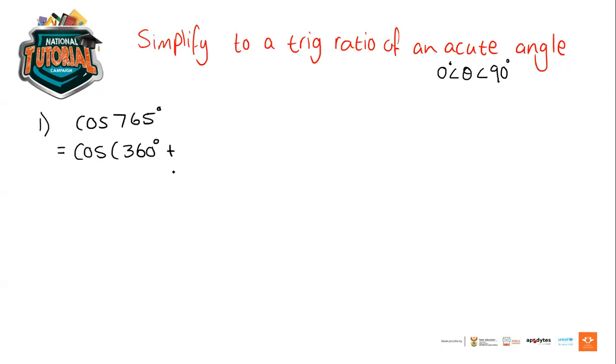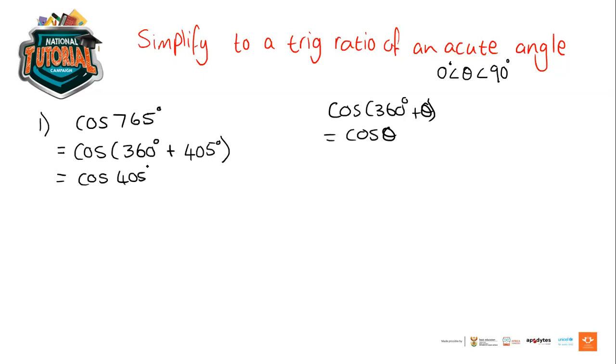So 765 is 360 degrees plus 405 degrees. And what we discussed just now is we said that cos of 360 plus anything just reduces to cos of the angle. We're back where we started. So I could reduce this to cos of 405 degrees.